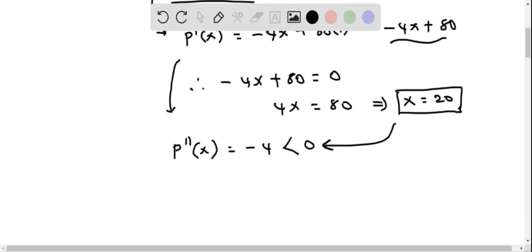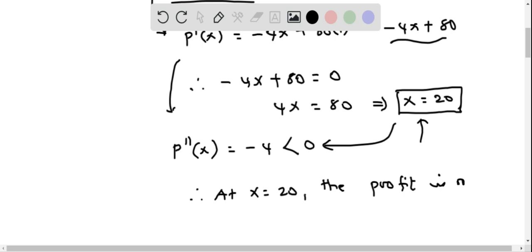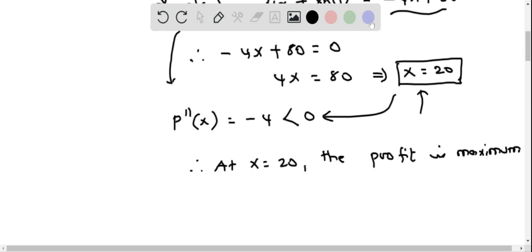So according to the second derivative test, when the second derivative of a function is negative, it means the function is maximum at this critical point. So therefore we see that at x equals 20, the profit is maximum. So we can see that 20 watts of ice cream are required to maximize the profit.